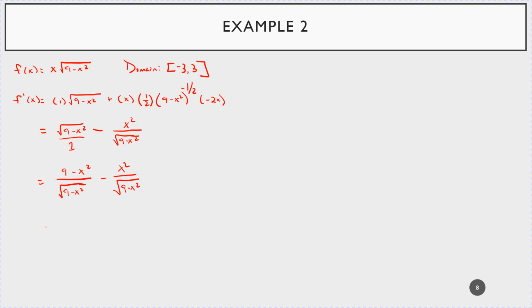So now you're able to combine it. You end up getting 9 minus 2x squared. All right, now to find the critical values, you take this and set it equal to 0.